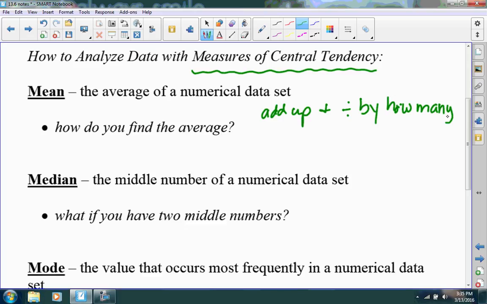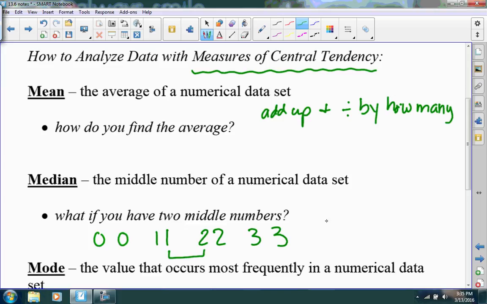And sometimes you don't have just one number that's in the middle. Sometimes you have two. Like if we had the numbers 0, 0, 1, 1, 2, 2, and 3, 3, then we have 8 numbers altogether, and the middle would be somewhere between the 1 and the 2.